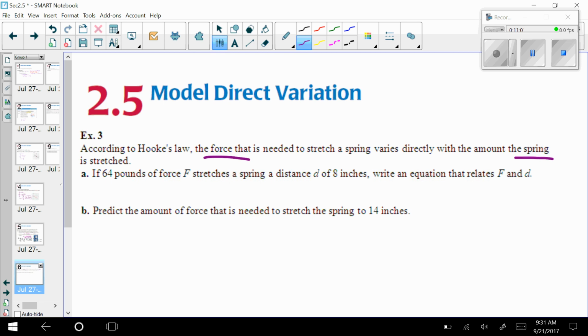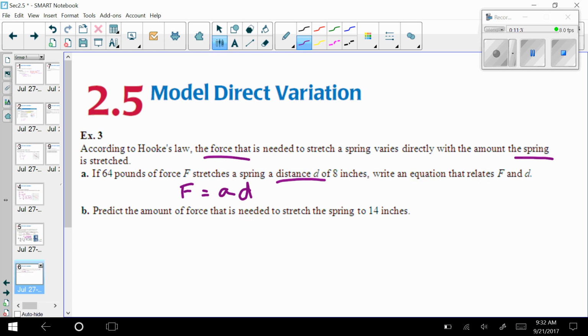So if 64 pounds of force stretches a spring a distance of 8 inches, we can say the force needed to stretch a spring varies directly with the amount of spring that is stretched, which it gives us as distance d.